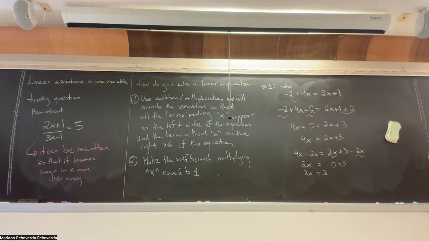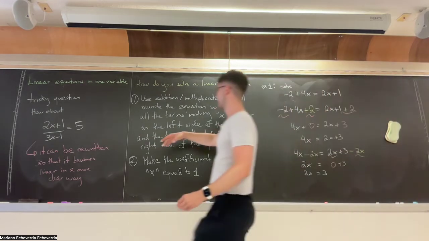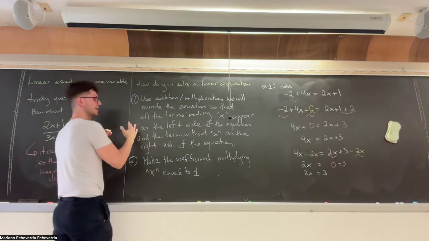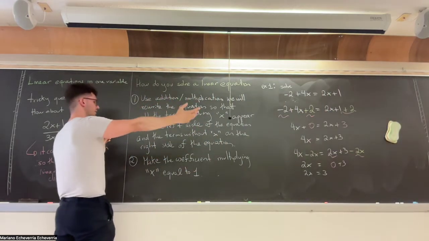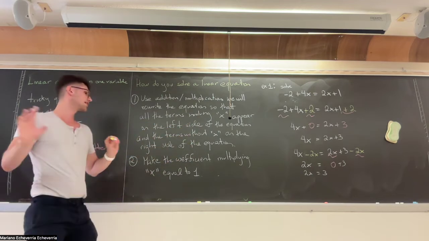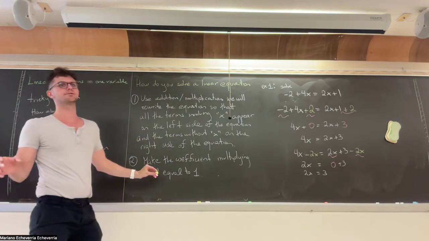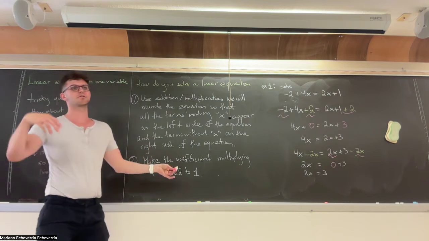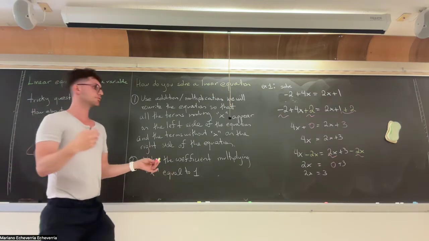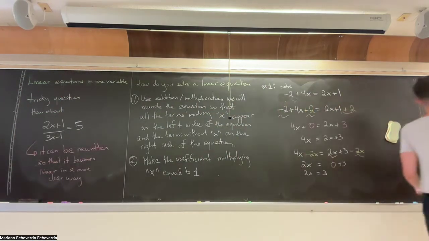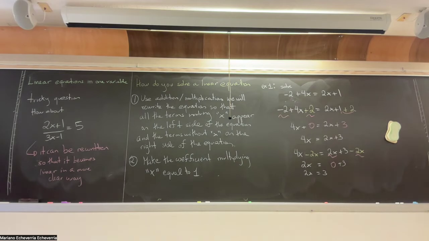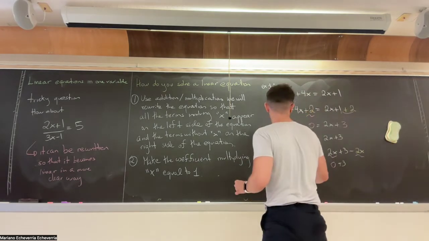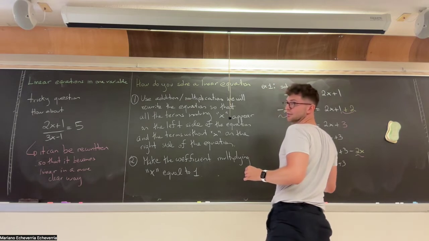Okay? So that already completes step 1, because everything with x is on the left side, and everything without x is on the right side. And then the last requirement is just to solve for x, by making the coefficient in front of x a 1. To do that, you're playing with the reciprocal of the numbers. So you can multiply both sides of the equation by the reciprocal of 2, because 2 is the coefficient I want to get rid of.